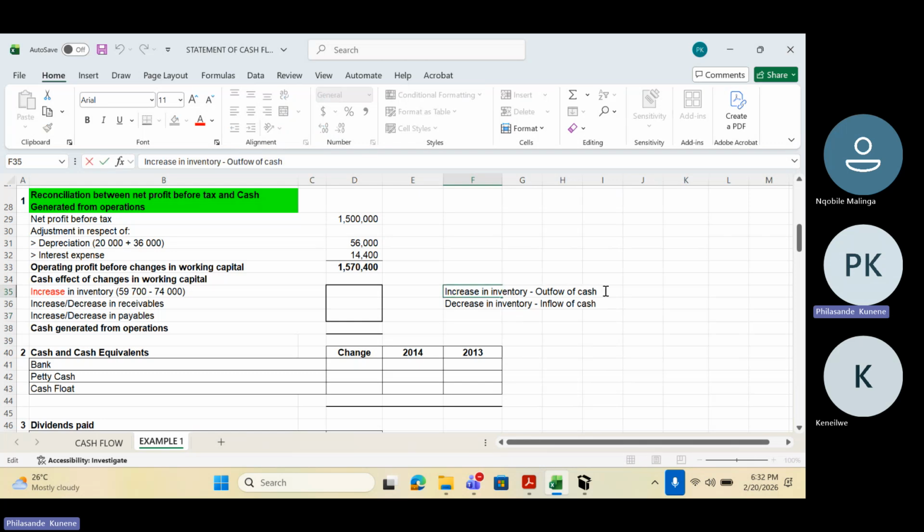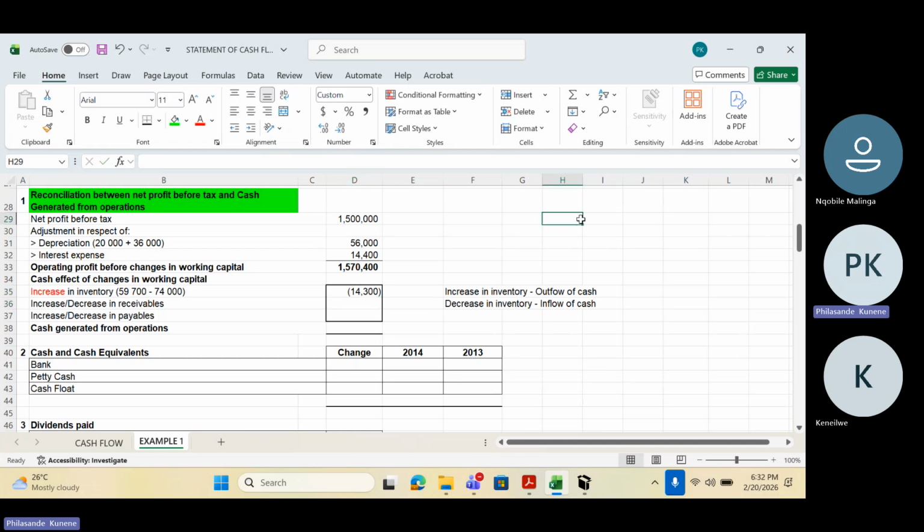An outflow of cash means we purchased inventory using money. Here, we sold inventory for money. That's why it decreased. So in this scenario, it will be an outflow of how much? 59,700 minus 74,000. How much are we getting? 14,300, which is going to be an outflow.